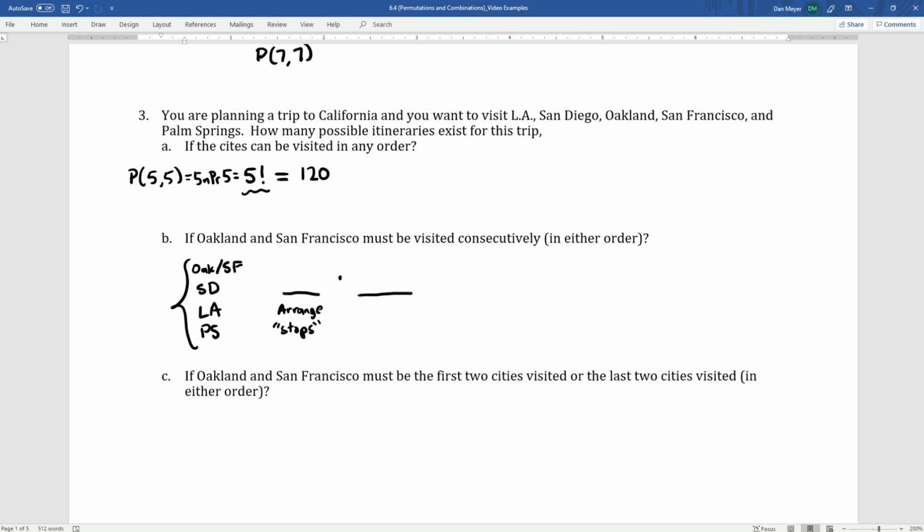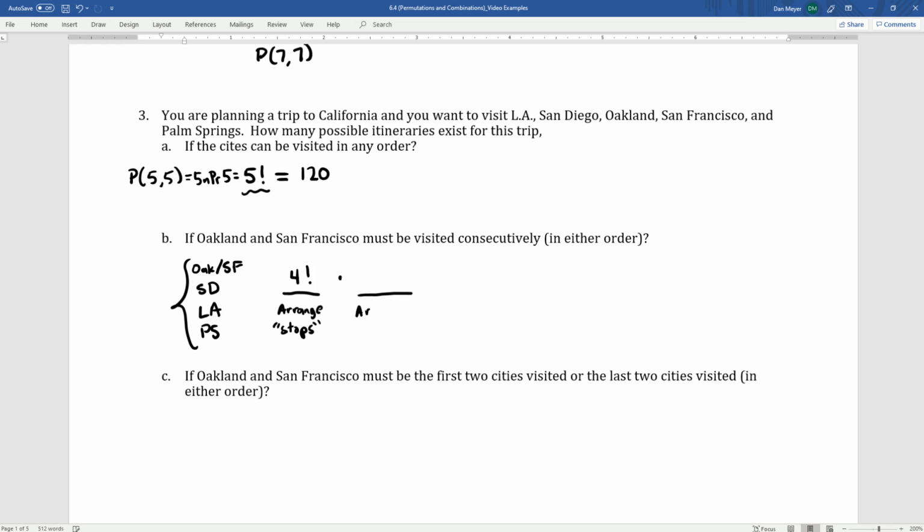Another version of this problem is talking about going on a shopping trip, and you're visiting a certain number of stores. It just so happens that 2 of those stores are in the same mall, and so you only got to park your car once. All right, so we're going to visit those 2 stores consecutively. And so we're arranging the stops. Now there's 4 of those. That's a permutation. So 4 factorial ways to arrange those 4 stops.